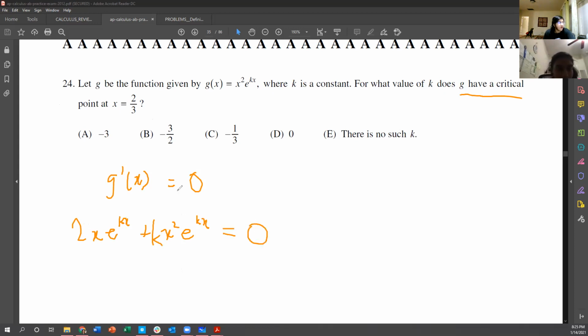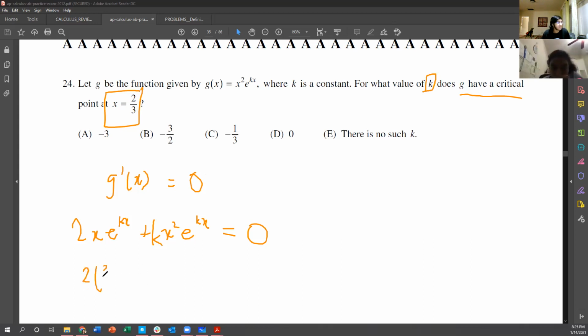So we need to figure out what k is. They're giving us what x is, so we can plug in 2/3. So this is 2 times, I'm actually going to factor this just because I think it might make it easier. So x e to the kx, I'm going to factor that out. Actually, I don't think that'll help. It might, but it's not worth it.